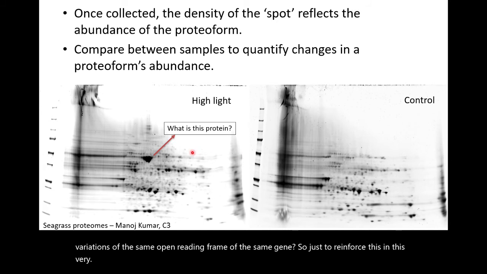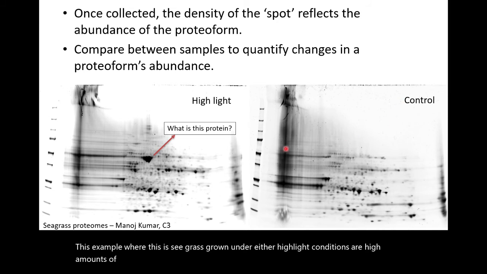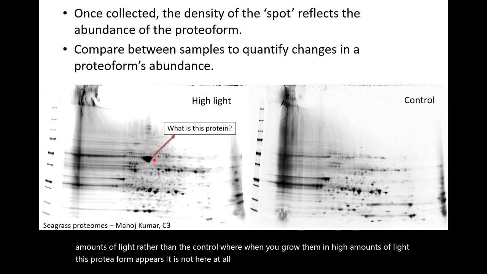Just to reinforce this, in this example, this is seagrass grown under either high light conditions, high amounts of light, rather than the control. When you grow them in high amounts of light, this proteoform appears. It is not here at all. And so you're like, well, wow, this is a really significant change between the two samples.